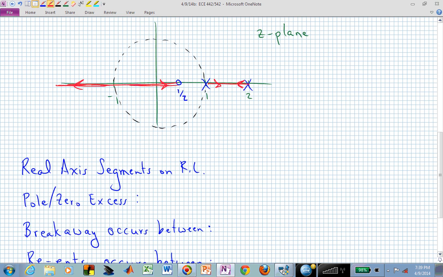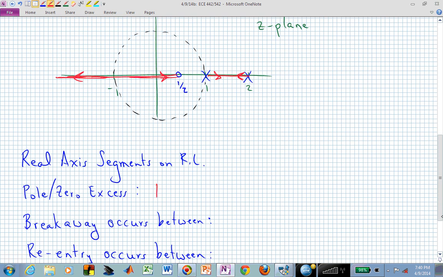And what happens thereafter depends on what else is in the playing field, or what other x's and o's or poles and zeros we have. In this case, we have another line segment that they must be going towards, because there's a finite 0 at 1/2, and because of our pole zero excess of 1, we have an infinite 0 at -180 degrees.